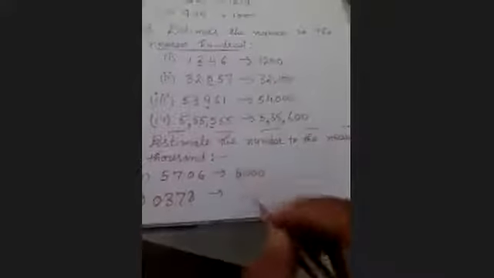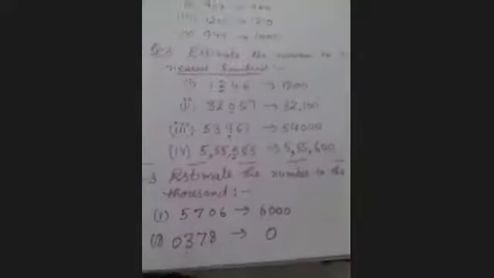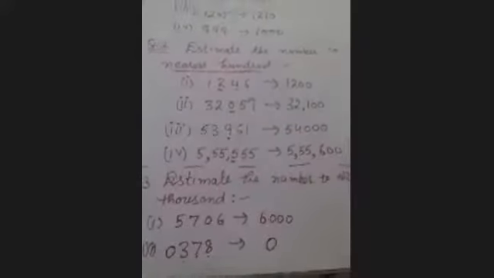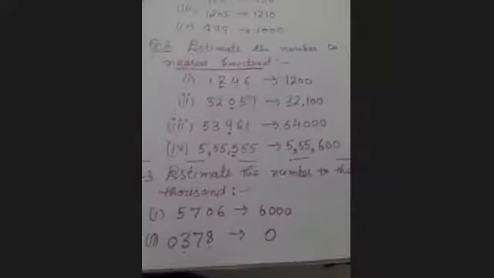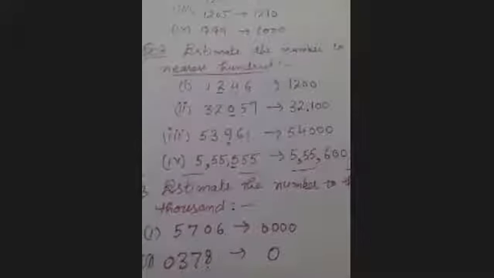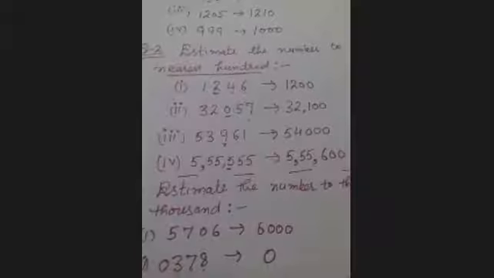So the nearest value will be 0 according to thousand. Yes, friends, this is the first, second, and third question of exercise 1.4.